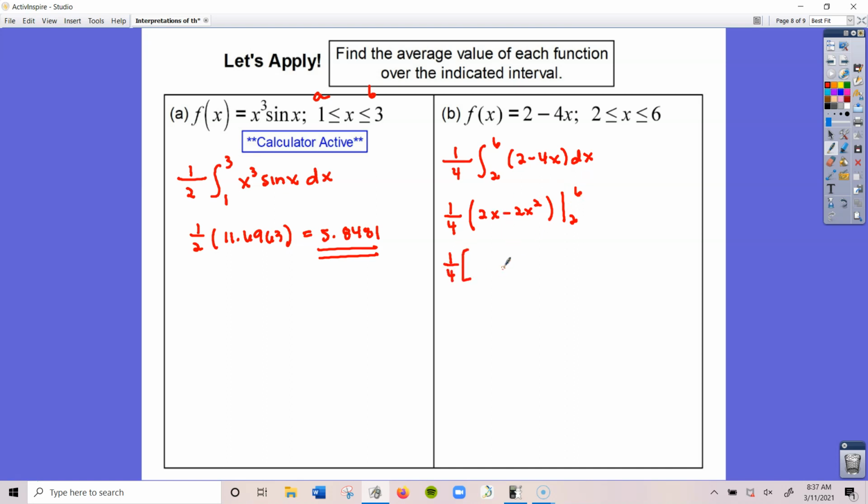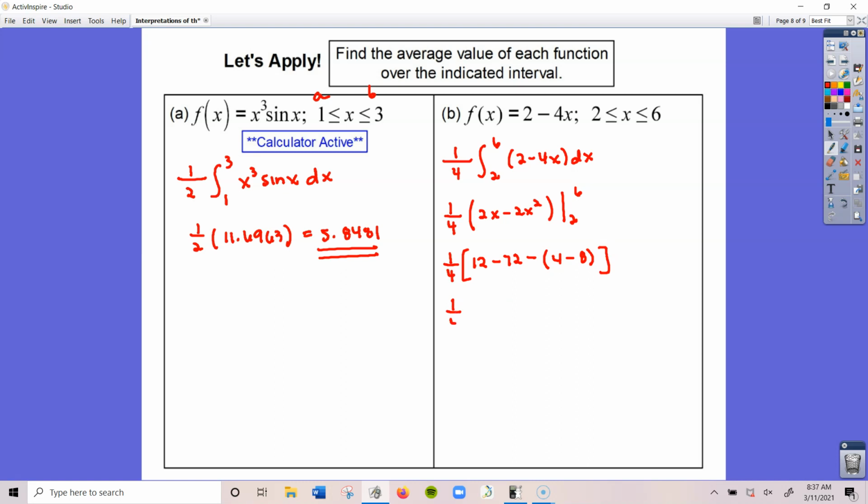We're going to plug in the 6. 2 times 6 is 12. Minus 6 squared is 36, and 36 times 2 is 72. Minus, now I'm going to plug in the 2. 2 times 2 is 4. Minus 2 squared is 4, times 2 is 8.